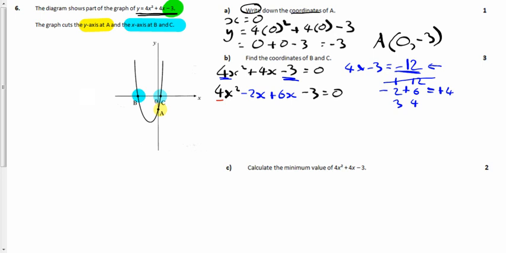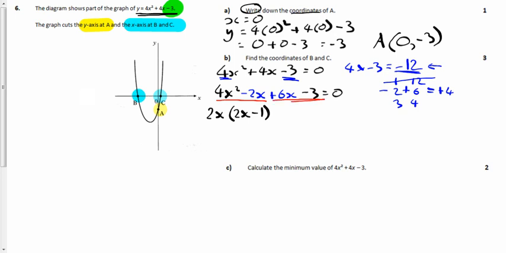I look at my first pair of terms. I can see 2x as a common factor. 2x times 2x would give me 4x squared. 2x times minus 1 would give me minus 2x.